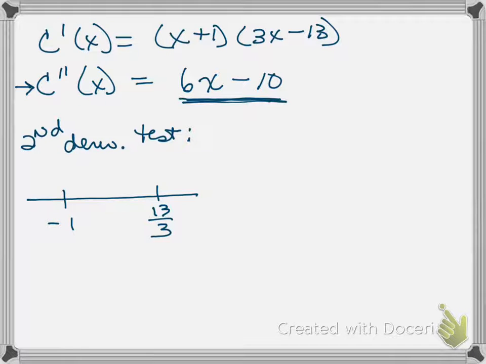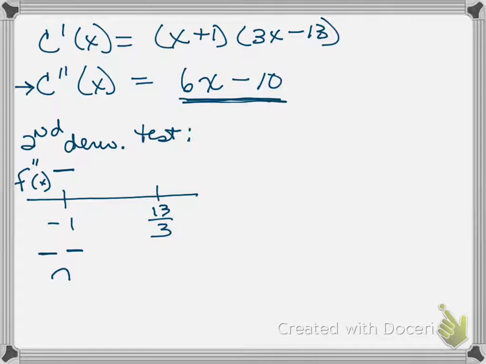When I do that, I get a -6 minus 10, which is negative. If I have a negative, that means my function is concave down. What was negative was the second derivative evaluated at the critical value of -1. That gives me a concave down, which is actually a max, and that affirms what I found with the first derivative test.